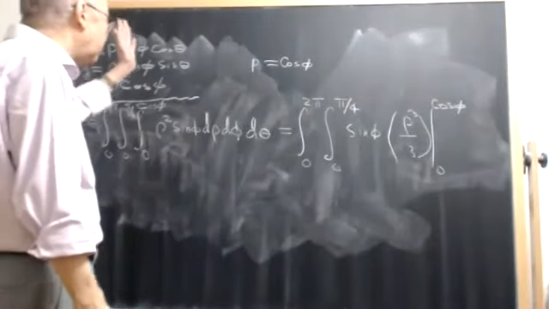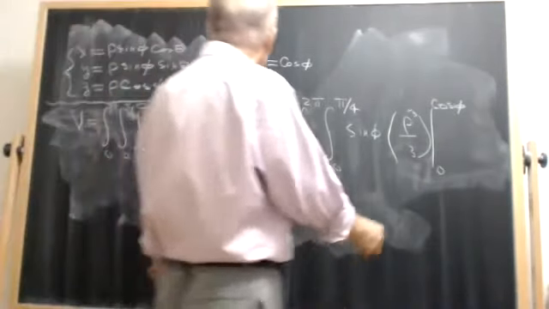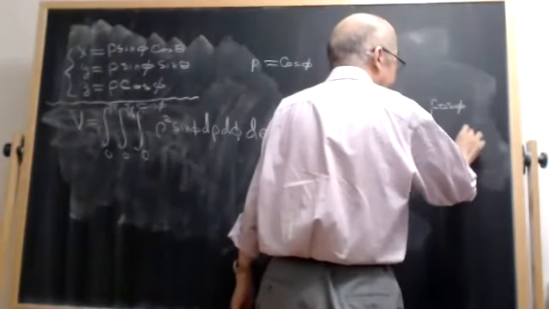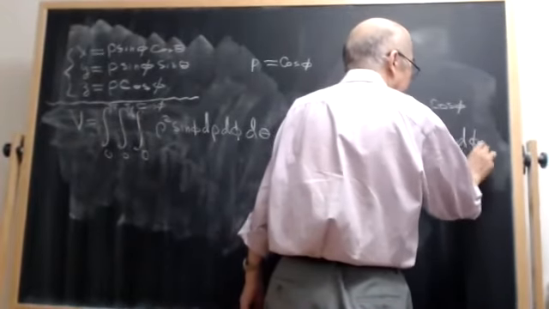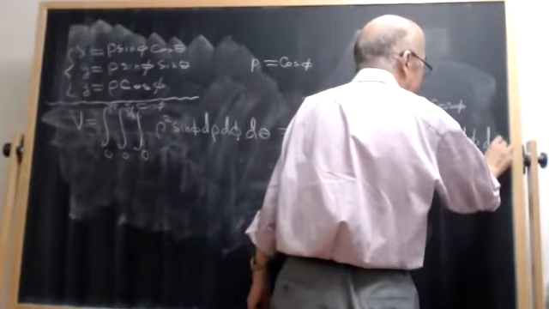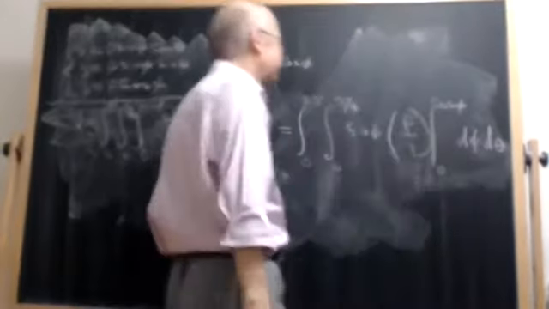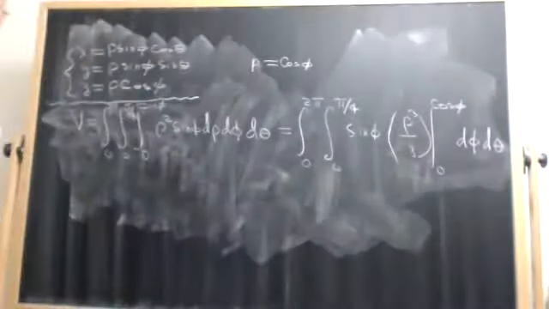So rho is gone, and we have d phi d theta. This is what I call peeling off the layers.